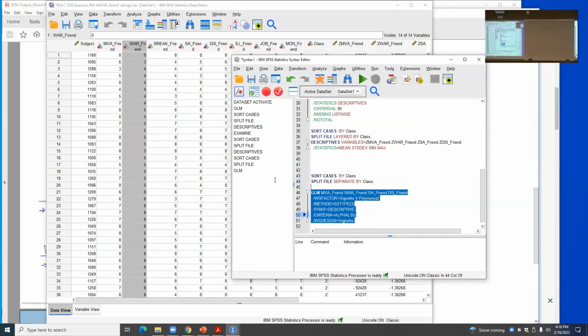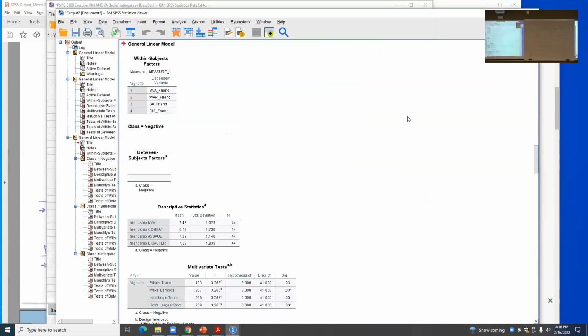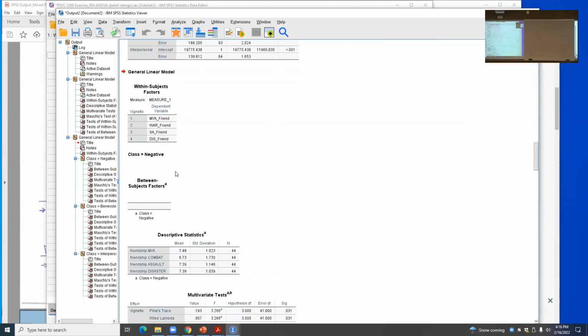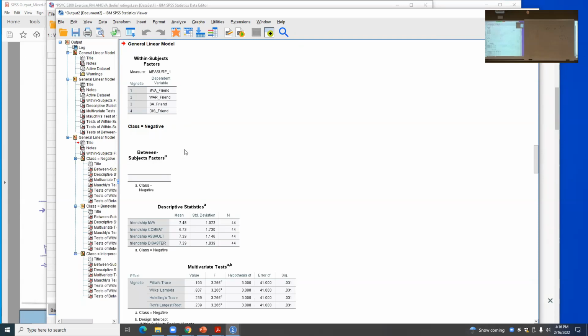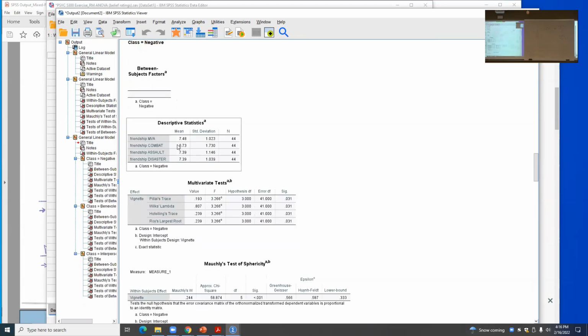This will make what we've done a little bit clearer. Okay, there we go. So we've got a within subjects ANOVA for my negative group.